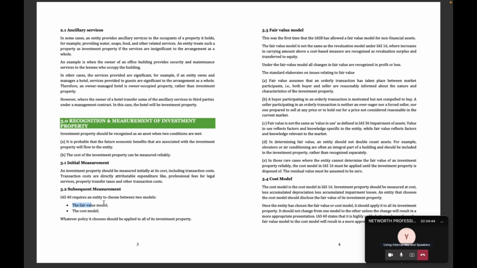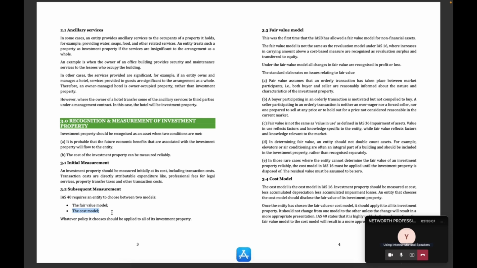But for investment property also, you measure it at the end of the year, either using a fair value model or using a cost model, right? So you choose any of the two. And the cost model hasn't changed. It's still cost minus accumulated depreciation minus accumulated impairment losses. That is cost model.